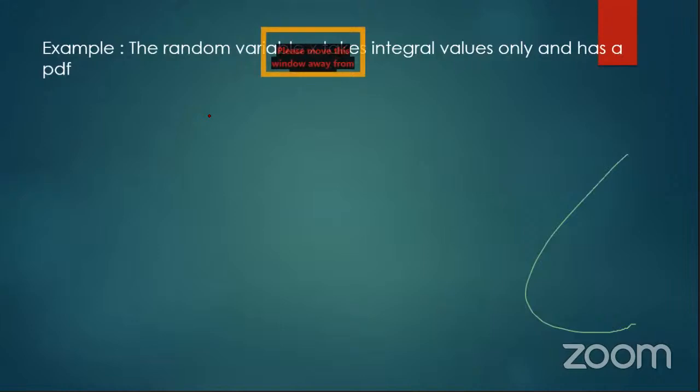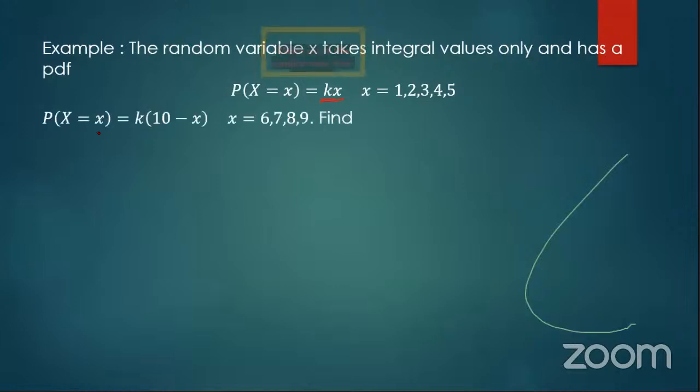Then example 2. We have a random variable that takes on integral values only and has a PDF defined by the probability of x equaling small x. The function is k times 10 minus x for values running from 6 up to 9.